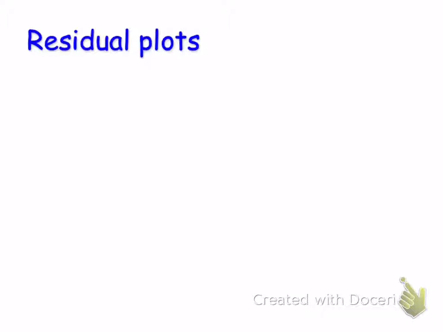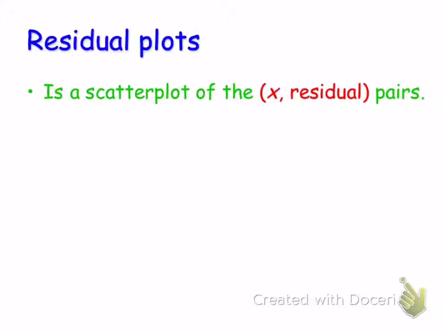Okay, so we're going to take those residuals and create a graph out of that. And when we make that graph, we're going to be able to tell whether the linear model is appropriate or not. So a residual plot is a scatter plot of the x versus the residual pairs.